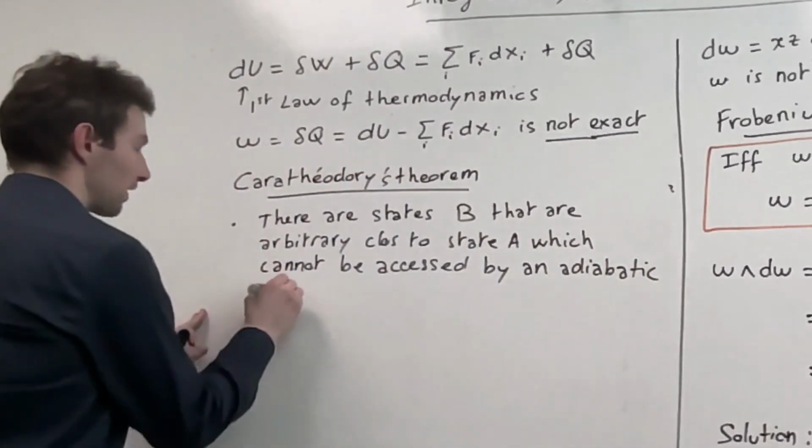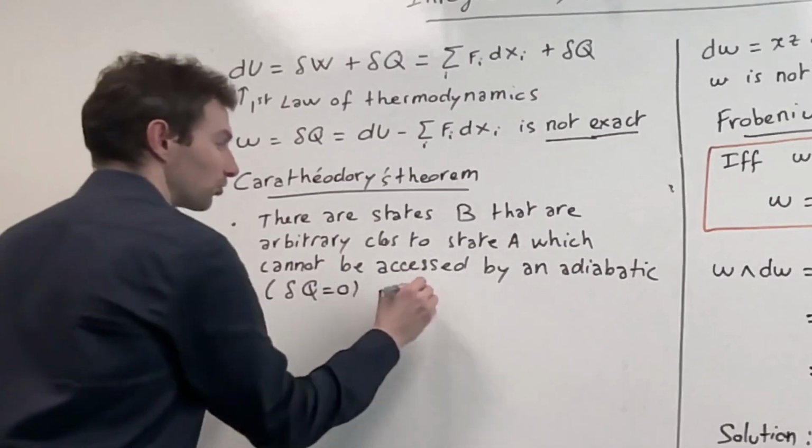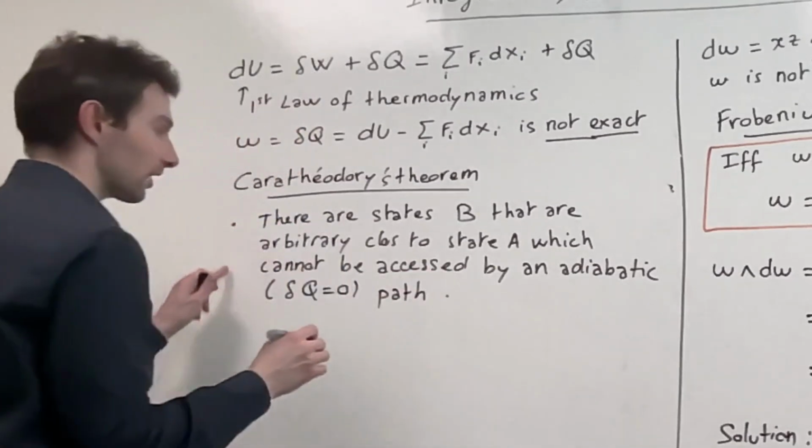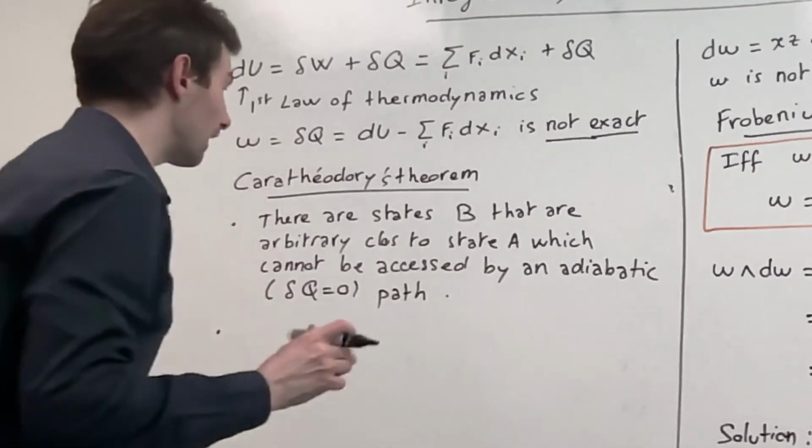And adiabatic means, by the way, that δQ equals 0 along the path between the two points. Okay, so that's the first statement. It's called sometimes Caratheodory's principle or axiom.